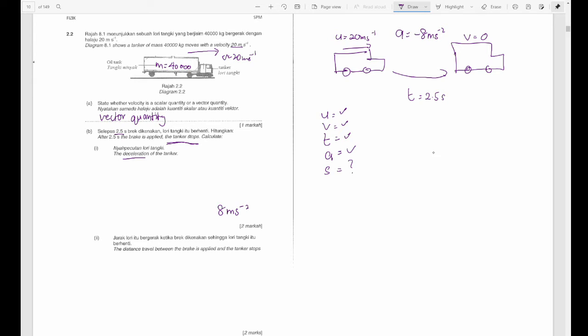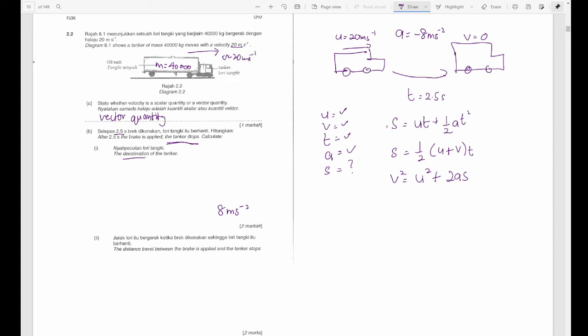Okay, if we try to list down all of the formulas, the first one you have is S equals ut plus half at square. The second formula is S equals half (u plus v) t. And the last one is v square equals u square plus 2as.